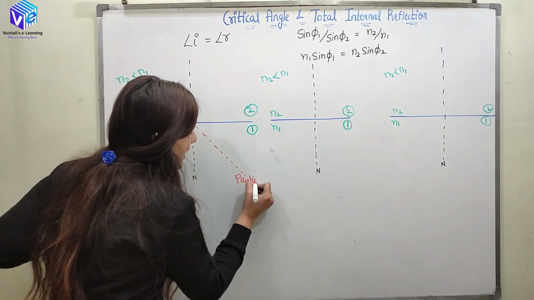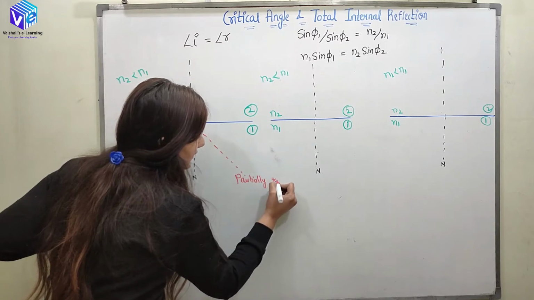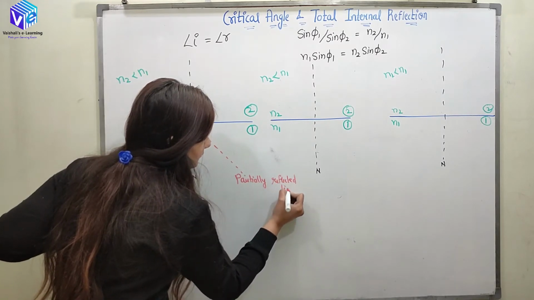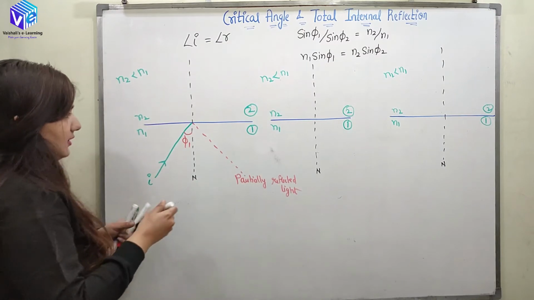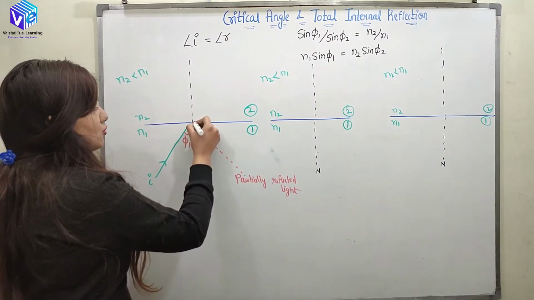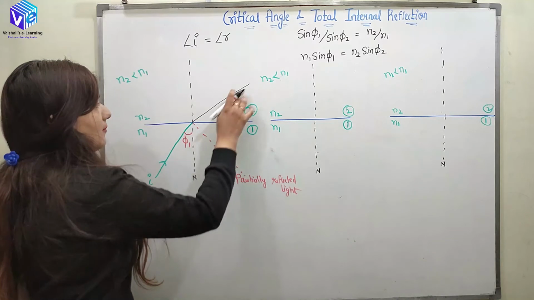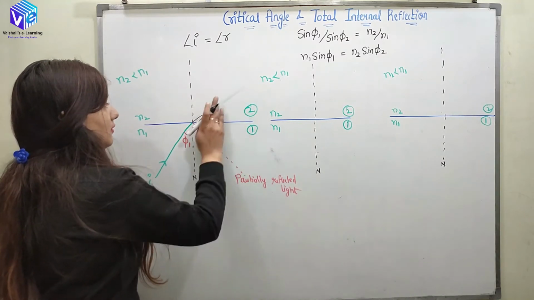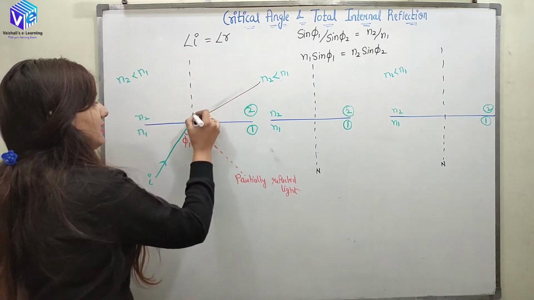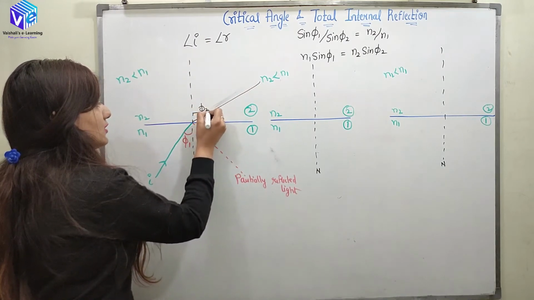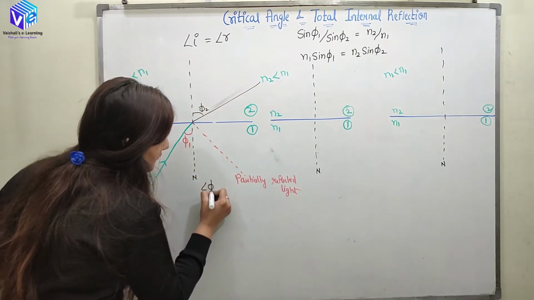This is my partially reflected light. Now what will happen here? Here the light is going to move away from the normal. So here I have the angle phi 2, which is greater than phi 1.